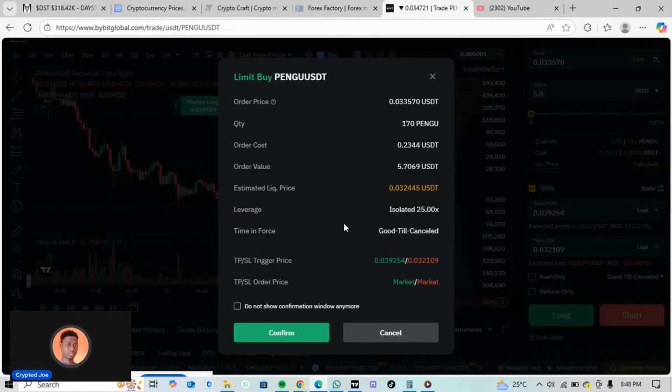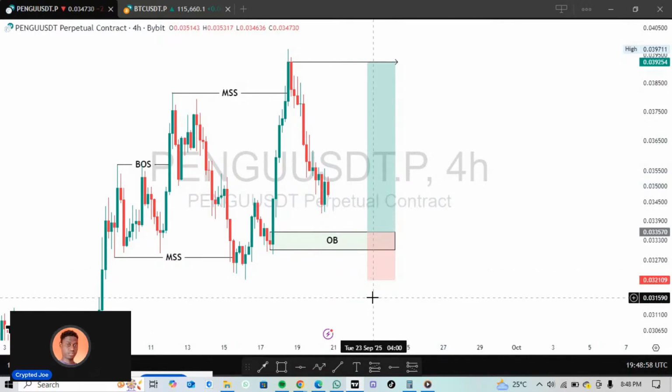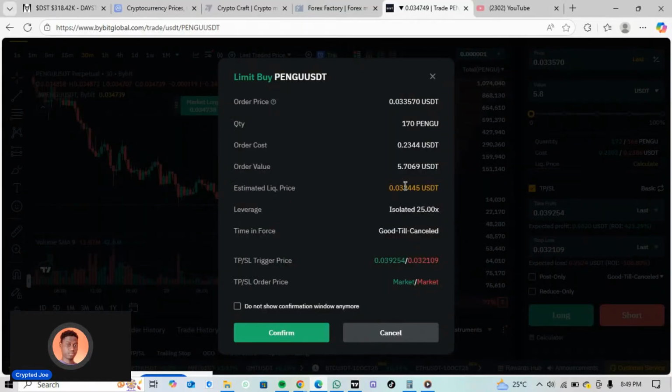If your stop loss percentage from TradingView is way higher, let's say 9%, 10%, or 11%, or let's say 12 or 19 percent, using 10x leverage might put you at risk of hitting your liquidation first before your stop loss.